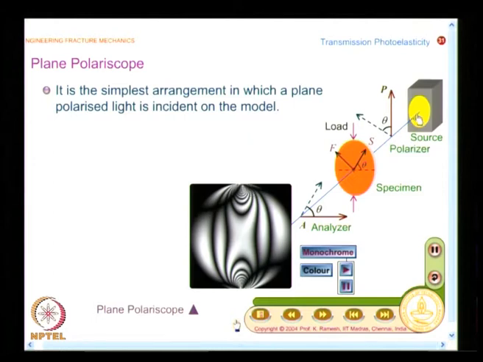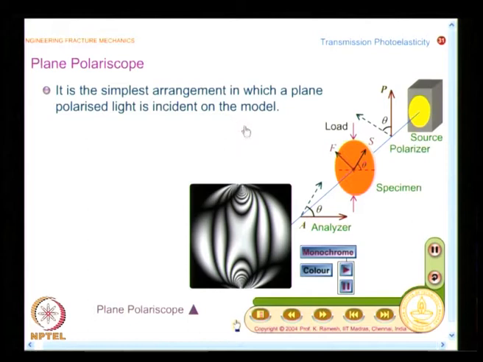You first worry about the light source, put the polarizer, put the model and put the analyzer. This is the simplest arrangement in which plane polarized light is incident on the model.